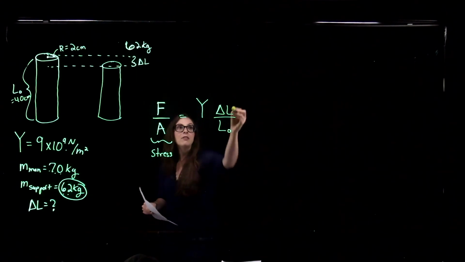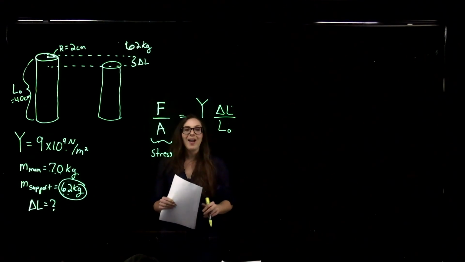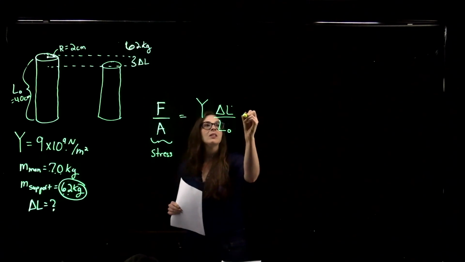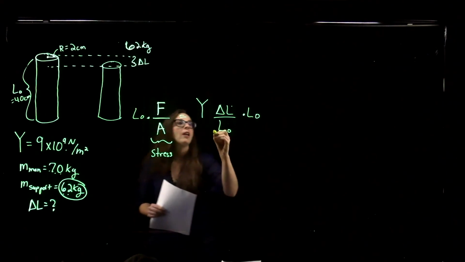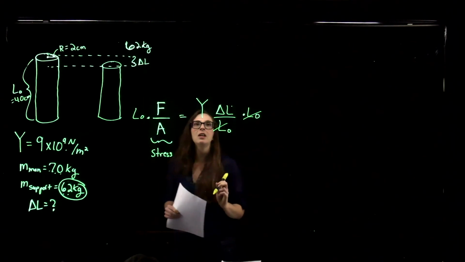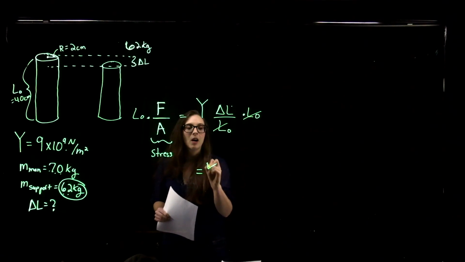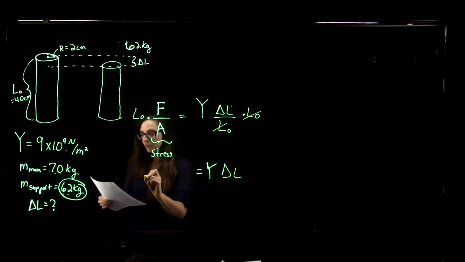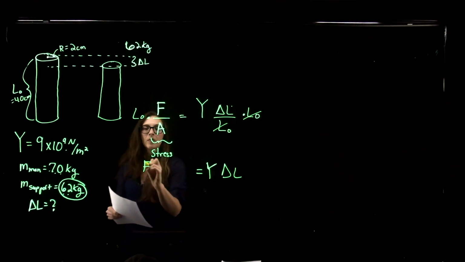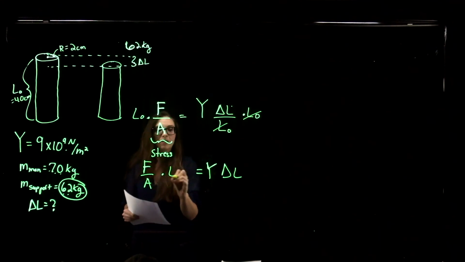We are trying to solve this equation for delta L. So I have to multiply both sides by the original length. When I do that, this cancels here and here. So then I've got Young's modulus times delta L equals the force over the area times the original length.